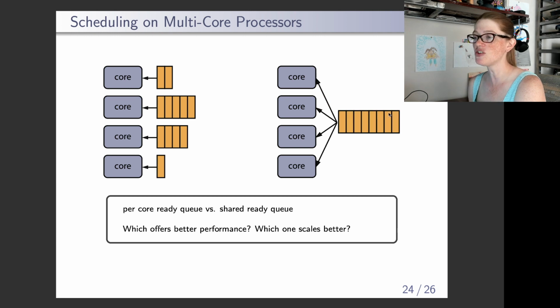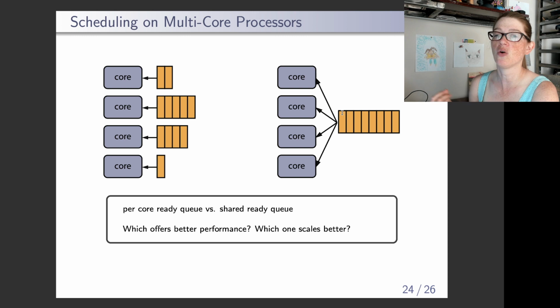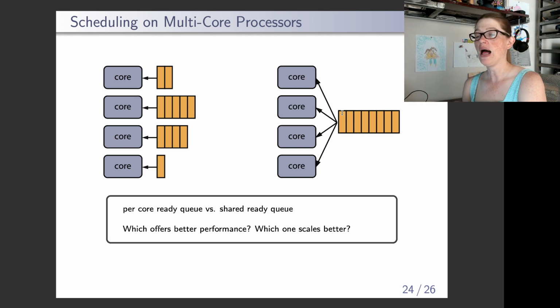So one scheduler, one pool. If it's multi-level feedback queues, one set of queues, and all of the cores are going to share that one scheduler, that one pool. That's very, very easy to do. All that's going to happen is on a context switch, we select a thread from the system and we assign it to the appropriate core that requested a new thread. Easy.